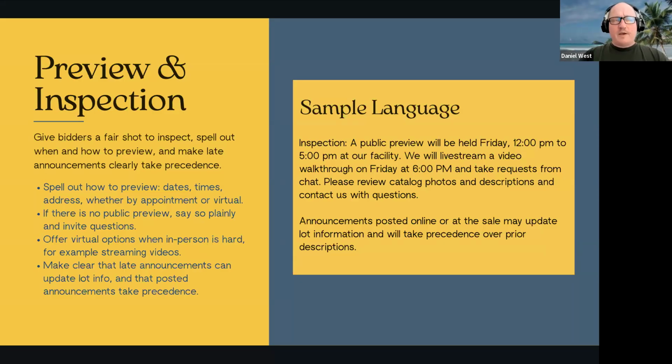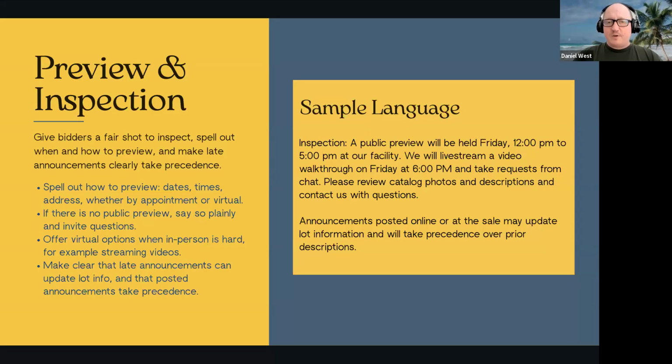The other thing that I don't see a lot of auctioneers doing, maybe only about 10% of the auctioneers that I see, is including any kind of language about late announcements. As an auction progresses, there's a good chance that something changes. Who knows? Maybe it's a change in the description of an asset.